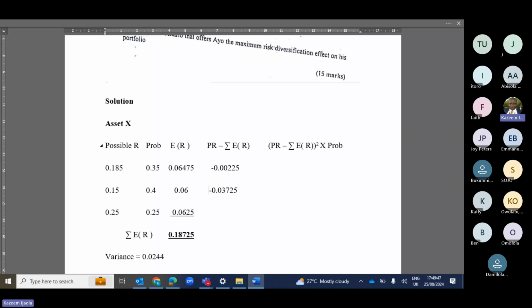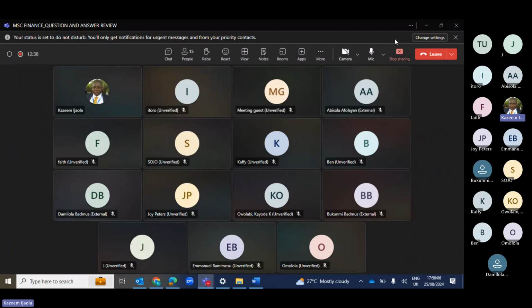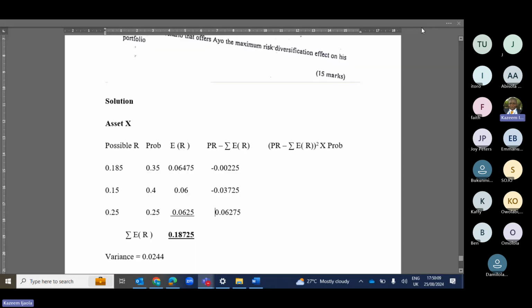Then the third one is 0.25 minus 0.18725. This one gives me 0.06275. The third one, I believe we all know how to calculate it, so I should just continue solving it.